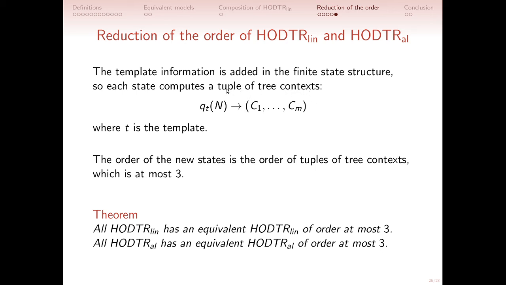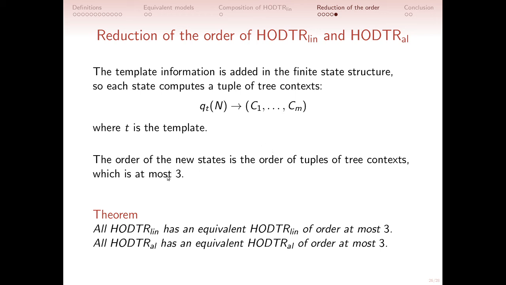But the computation is just done like this, so it just computes tree contexts by putting tree contexts with other tree contexts, and the order of the transducer that only computes this is 3, because we use tuples of tree contexts, and using tuples raises the order by 2.